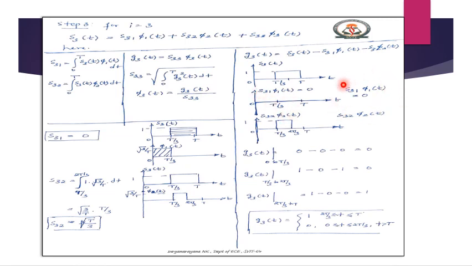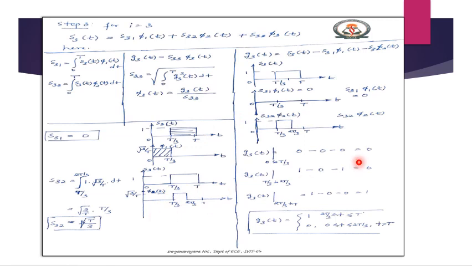The value of S31 into phi 1 of t will be 0, and similarly, as I have already told, the resulting waveform will appear only from T by 3 to 2T by 3. Only in that interval the waveform will be raised to root 3 by T.